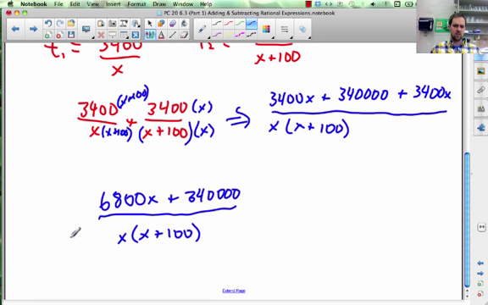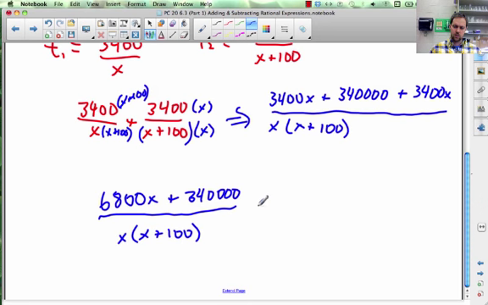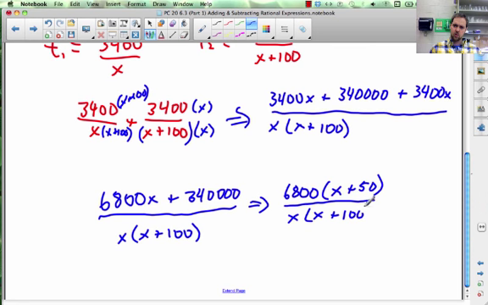You could take out a 6,800, I think. 340,000 divided by 6,800 leaves us with 50. Okay, so this is 6,800 times x plus 50 over x times x plus 100.